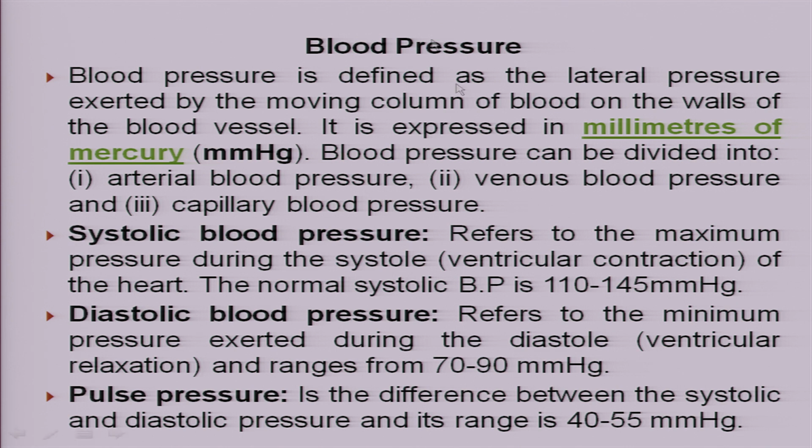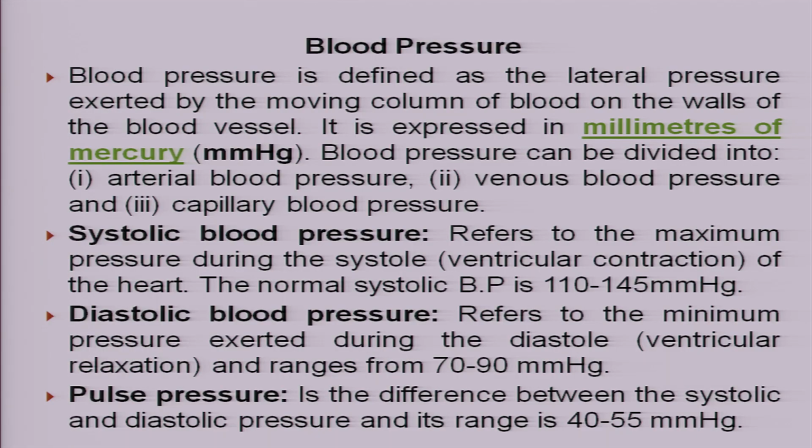Blood pressure is the pressure of the blood which is flowing in the blood vessels. When the heart is pumping the blood with a lot of force into the blood vessels, there will be some pressure of that flowing blood exerted on the walls of the arteries, because arteries are the ones which receive the blood from the heart, and that is why arteries have to withstand some pressure.